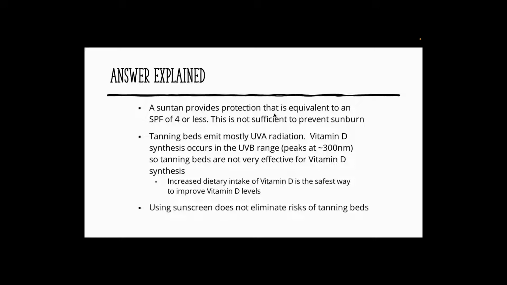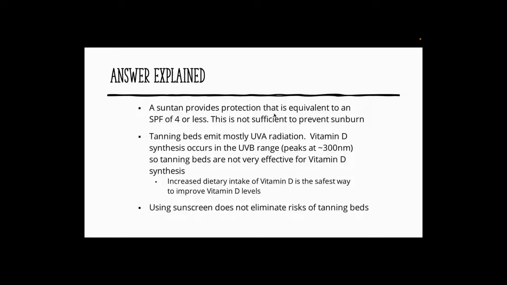If you're familiar with most sunscreens, most are SPF 30 or above, which is generally the dermatologist recommendation, that we should at least have SPF 30. So these people that are going to tanning beds to get a tan before going on a trip, not only are they causing damage to their skin that can later lead to skin cancer, but they're only getting a protection of about SPF 4, which is not sufficient to prevent sunburn.